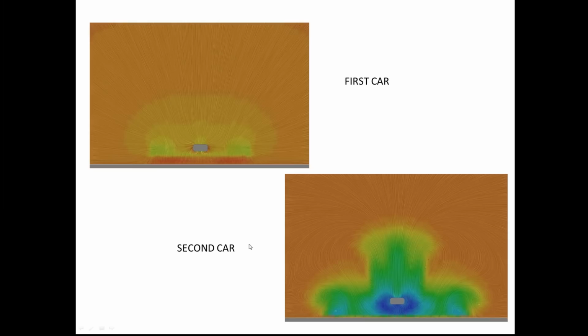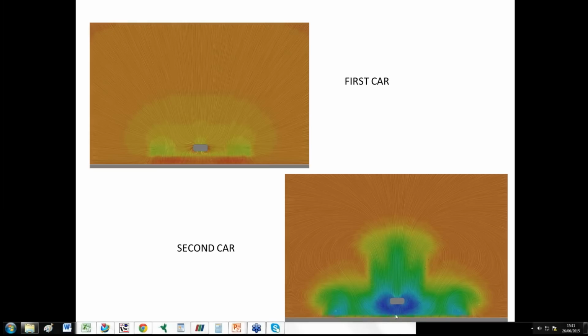And in front of the second car, the picture is completely different. There's a big drop in air velocity, specifically in the lower part at the front. That's coming from the diffuser of the first car, and that will have a big effect on how much downforce and drag is produced from the floor area and the front wing of the second car.